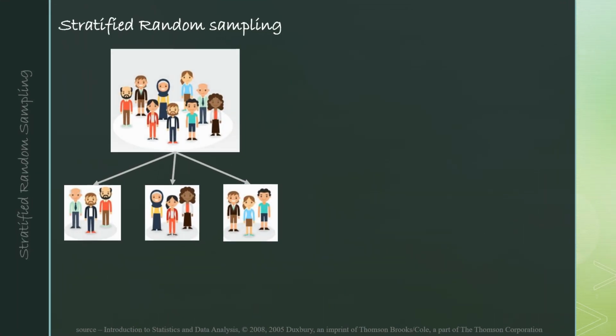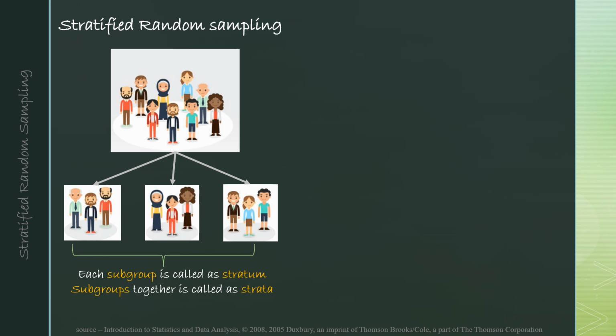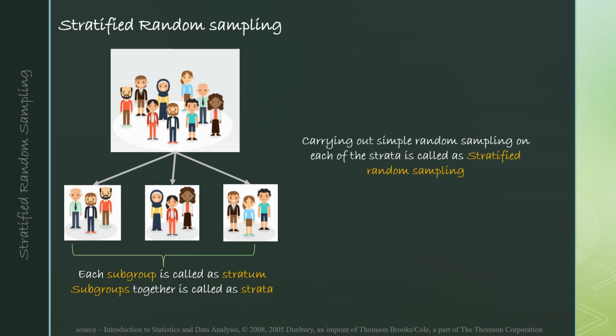Each subgroup is called a stratum and the subgroups together are called strata. Carrying out simple random sampling on each of the strata as just explained is called stratified random sampling.